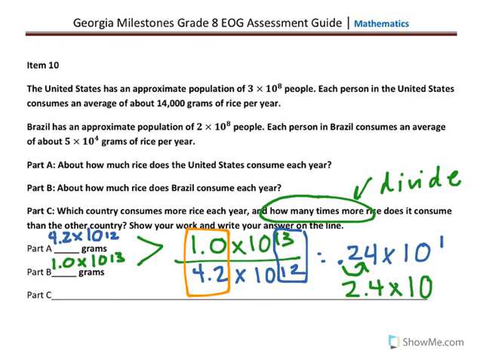When we subtract 1 from 1, we get 0, so our exponent is 0. If you have an exponent of 0, this makes 1. So your answer is 2.4 times 1, which just equals 2.4. So it's 2.4 times greater.